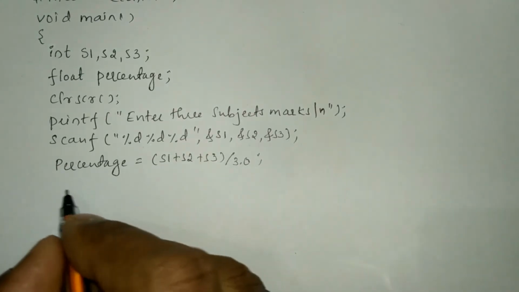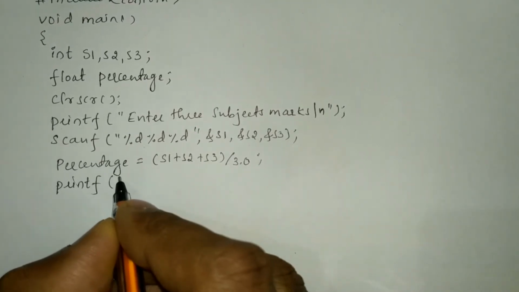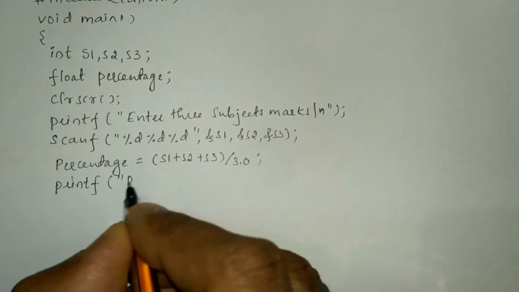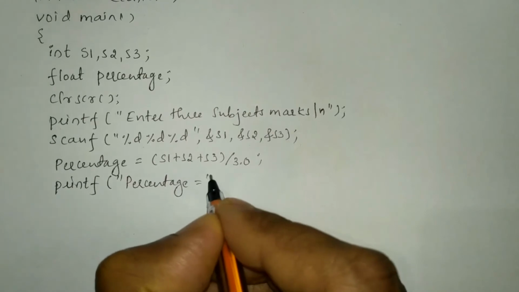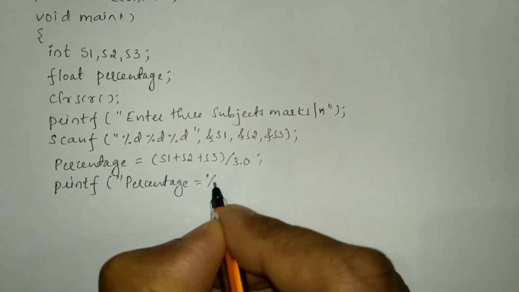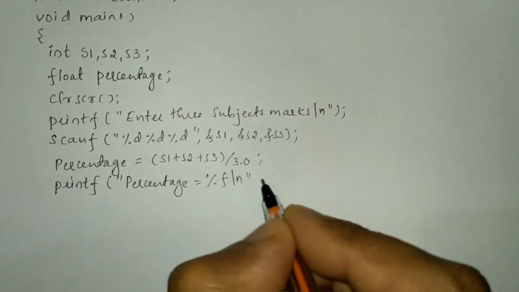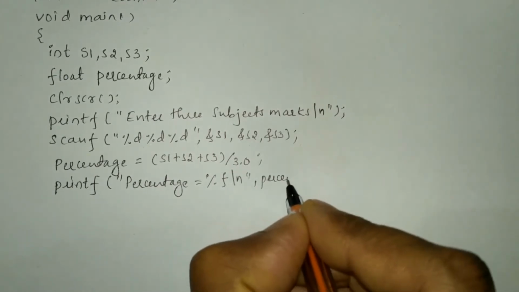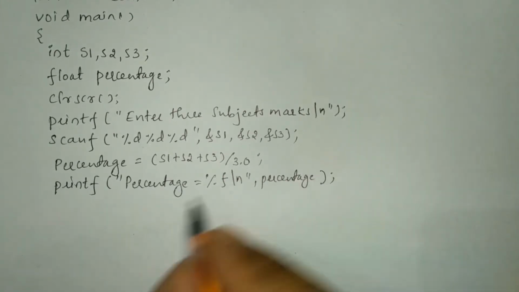Now we are going to write a printf statement, and in the double quotation marks I want to print the percentage. So I'm going to write "percentage = %f", then \n, end the double quotation mark, put comma, and here we'll write the percentage variable and then put semicolon.